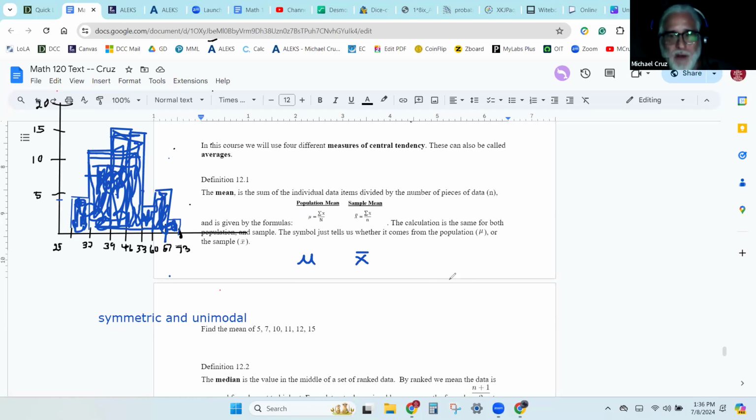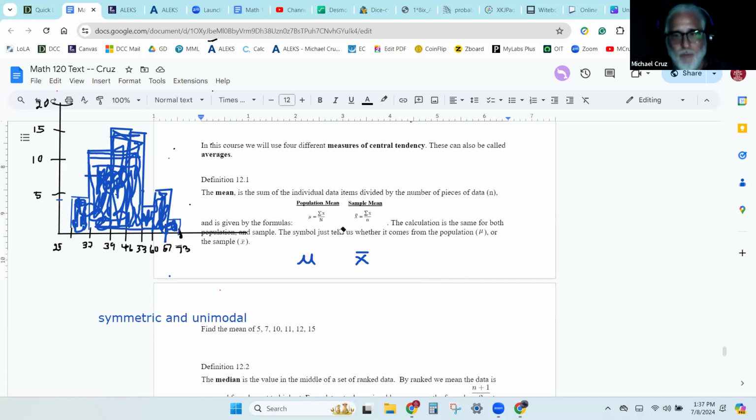The way that we calculate the mean is to add up all of the pieces of the data and divide by the total number of pieces of data. I bet most everybody in here has done that, because if you take 4 tests and you want to find the average, you add up those 4 tests and divide by 4.